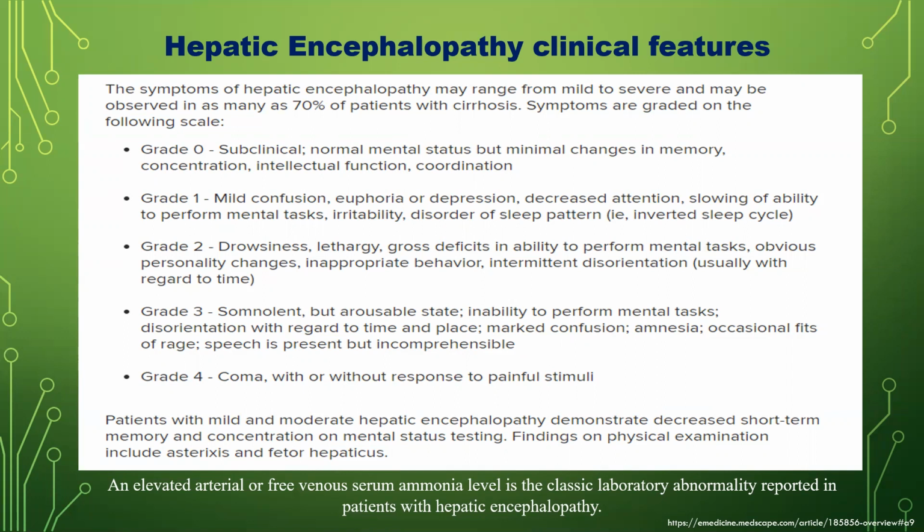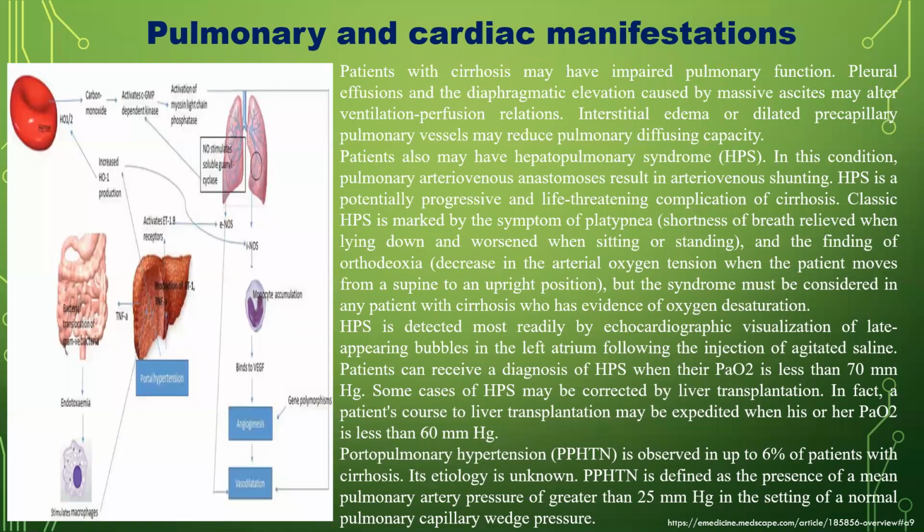Also, this patient can have asterixis or fetor hepaticus. Elevated arterial or venous serum ammonia levels are the classic laboratory abnormality reported in patients with hepatic encephalopathy.